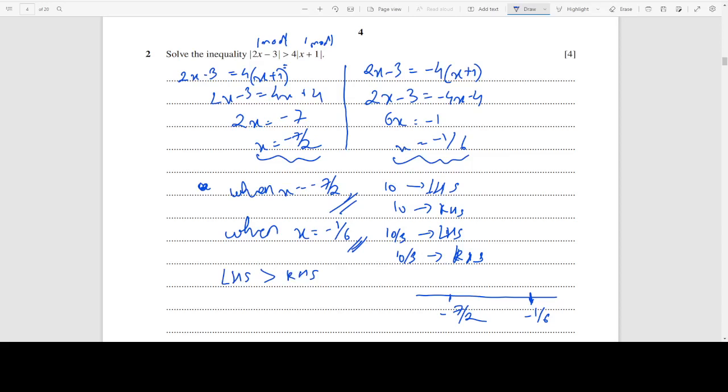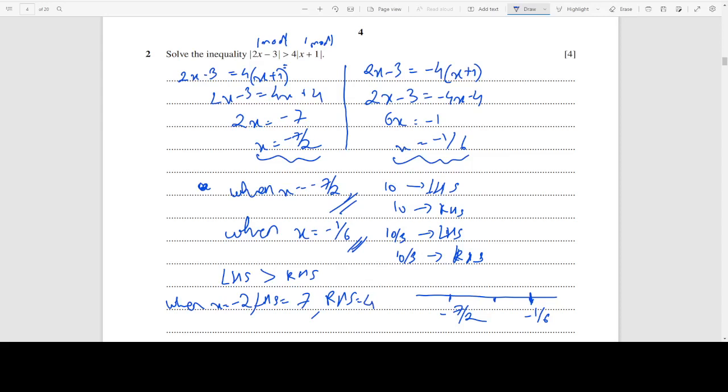So how about we take some random value in between? Let's say we take −2. So when x is −2, LHS is equal to 7 and RHS is equal to 4.